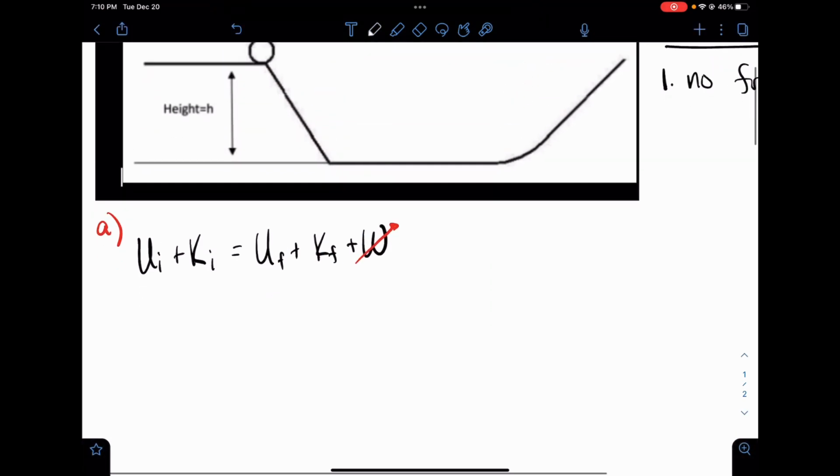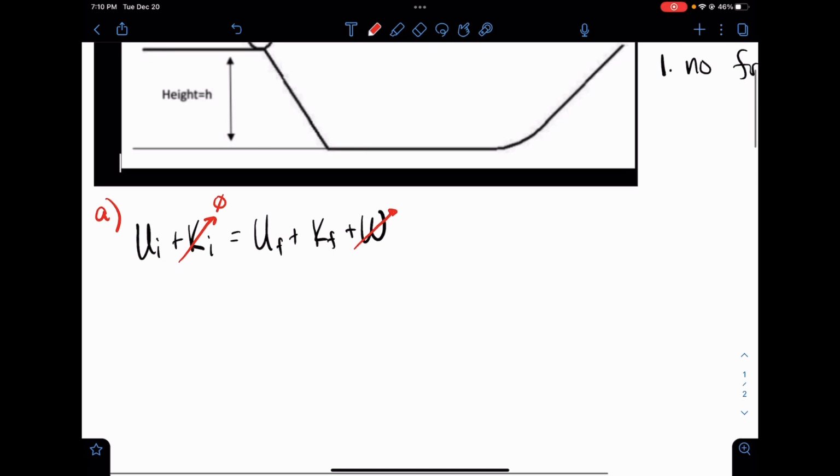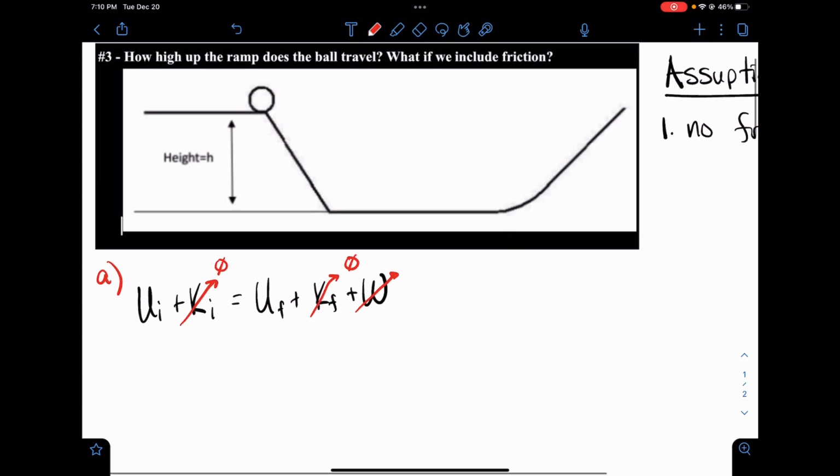We're going to go ahead and assume that our initial velocity is equal to 0. So we have no initial kinetic energy. And then our final velocity is also going to be 0, because the highest point that the ball will go on the ramp is right when it stops and starts to come back down.